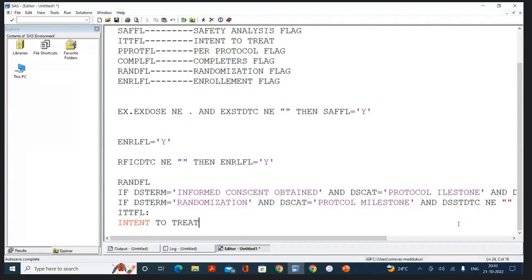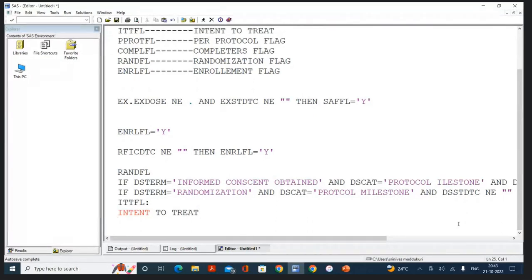Now, how are we going to get the logic for intent to treat? If randomization code is not equal to missing value. We are going to have a variable called randomization code.